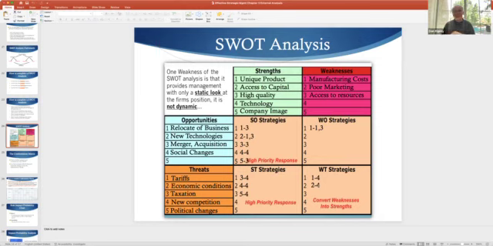An important note here, when you do a SWOT analysis, it is a static look. It is a look of the here and now, right now. And we know that the industry is dynamic and it's always changing. Those strengths that we have may not be a strength later on. The opportunities that we identify may not exist later on.